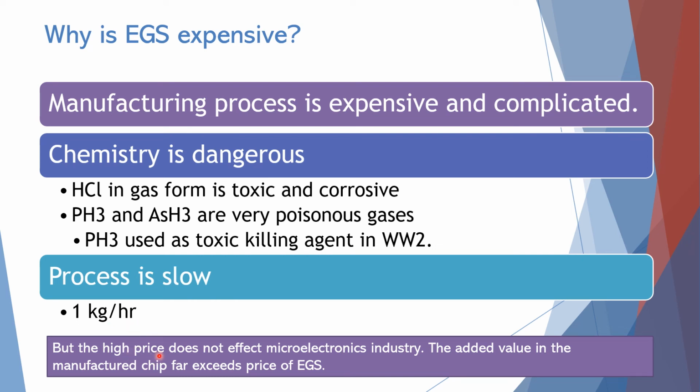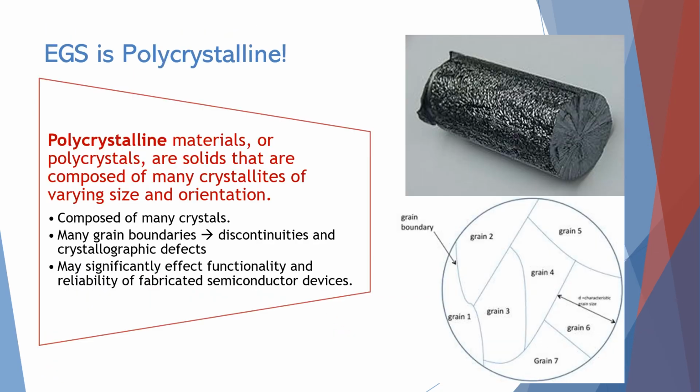But the high price does not affect the microelectronic industry. The added value in manufacturing the chip itself far exceeds the price of the EGS. The EGS that is created is polycrystalline. What is polycrystalline?